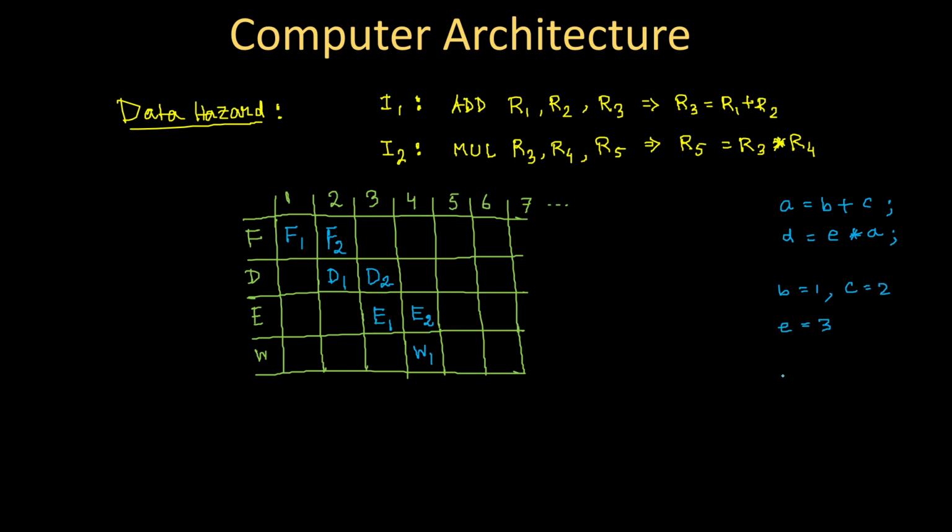Then your result for D will be B plus C, that means 1 plus 2 equal to 3, and that 3 will be multiplied with this 3 equal to 9. So D equal to 9 is the correct answer, because although I am sending I1 and I2 in the pipelining, it should not violate the order of execution in any way.